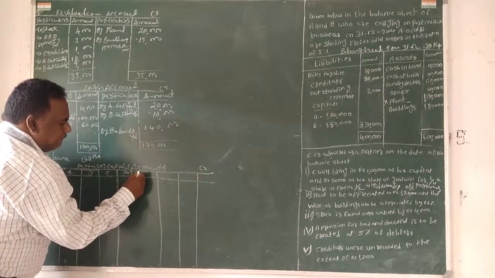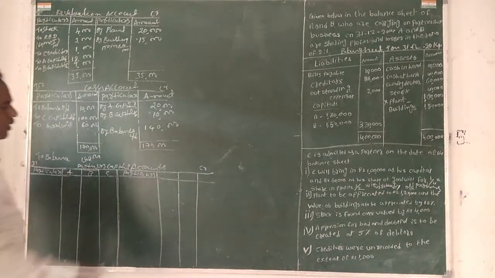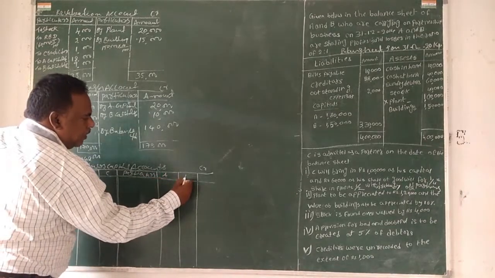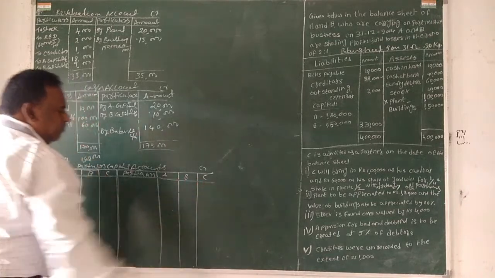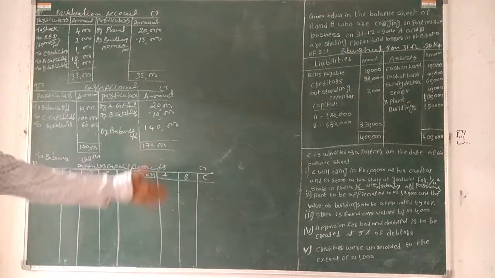Now C, the new partner, brought 1 lakh as share capital, not cash. Then profit on revaluation: A share 18,000, B share 9,000.